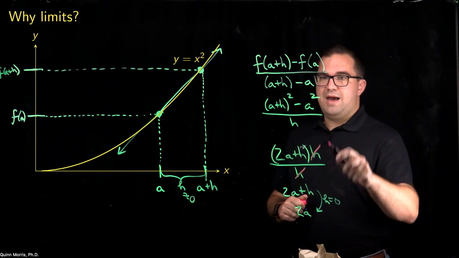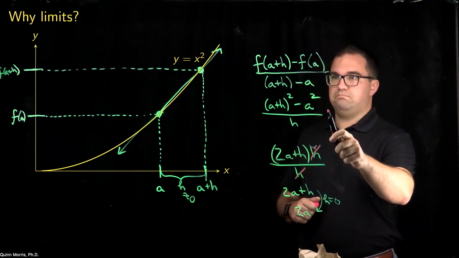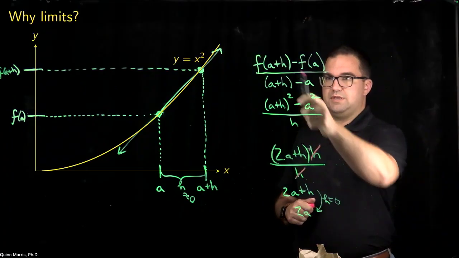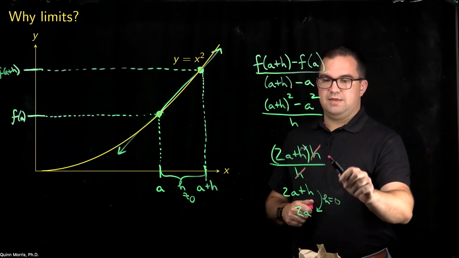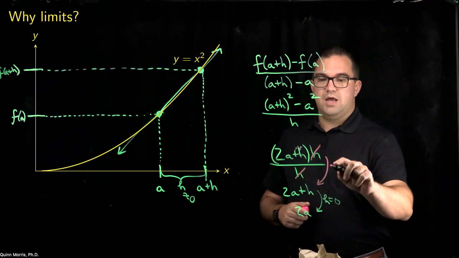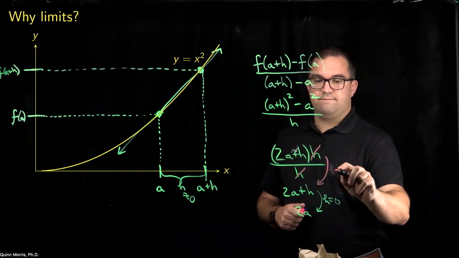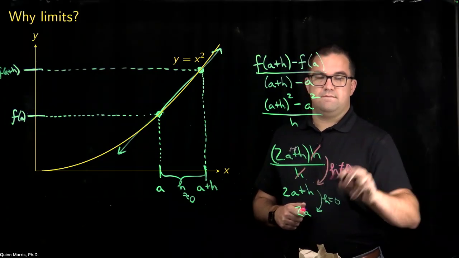So mathematically here, I'm just defining the slope. Here I'm just plugging in what these functions are using the definition of the function. Here I'm just doing some algebraic simplification. But then to get from here to here, to cancel that h, I have to make the assumption that h is not zero.